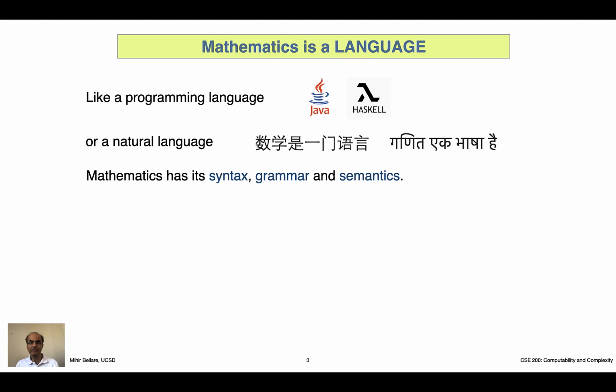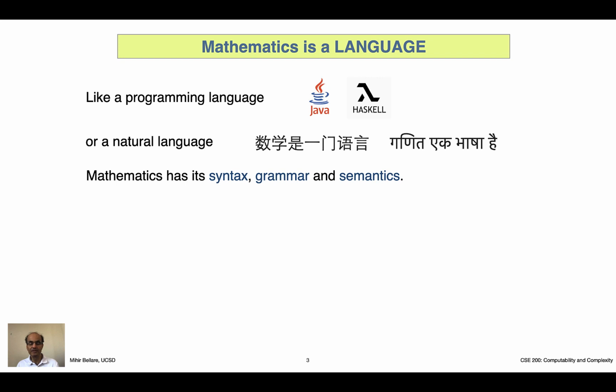That makes it something familiar. We are familiar with many types of languages. We use programming languages. We also use natural languages. And what makes something a language, and what these have in common with mathematics, is that they all have syntax, some kind of grammar and a semantics.